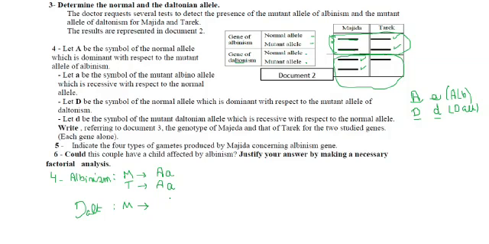Since these alleles are located on the XX chromosomes, we should draw the X and X, and draw here the normal allele, which is capital D, and here the diseased allele, which is small d.